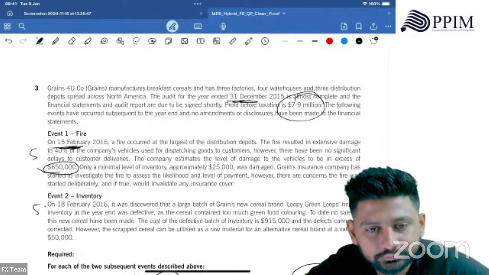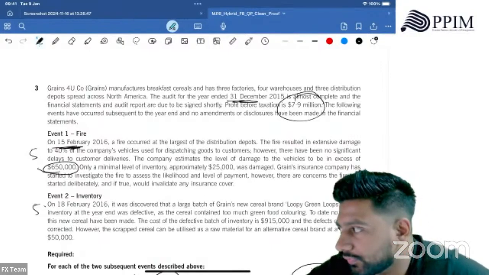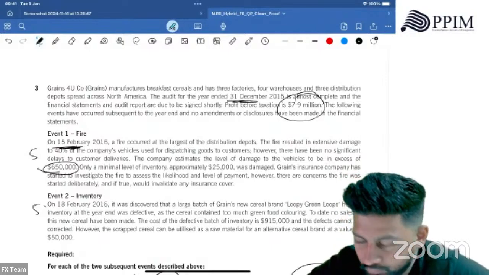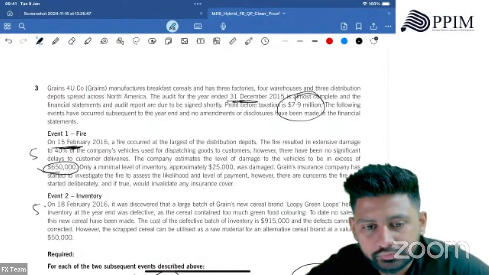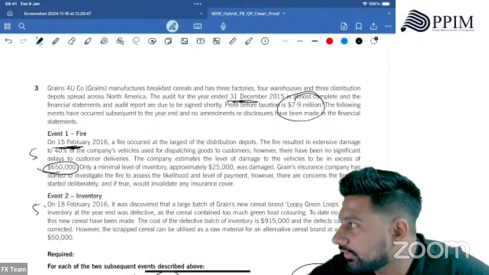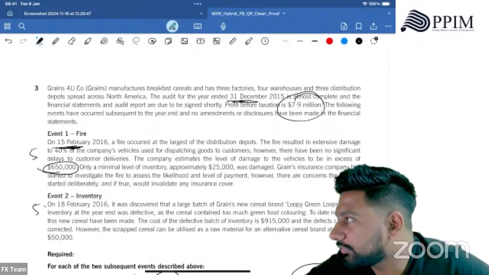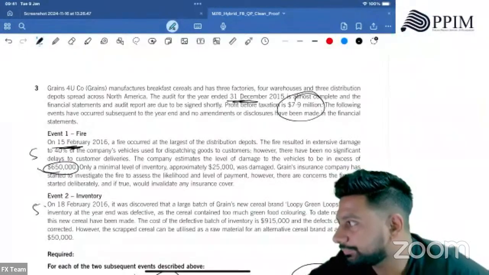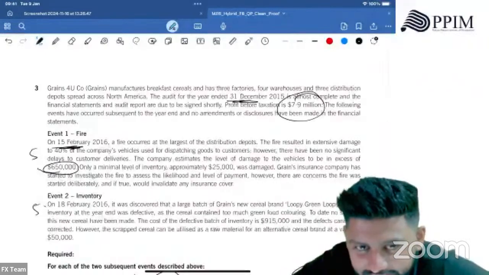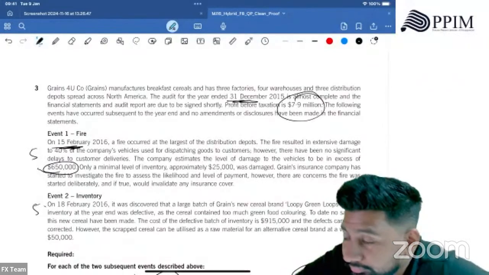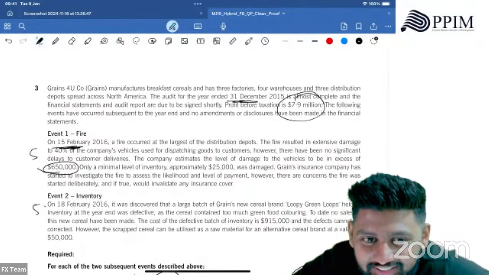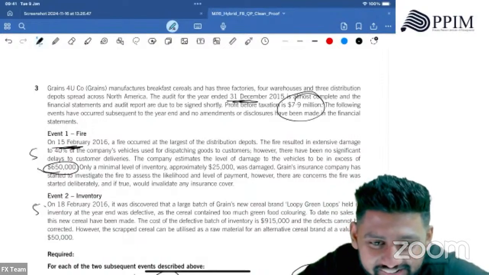Adjusting or non-adjusting? Terza? Ashfaq has responded. Abdullah has responded. Inshifa? Minoli has responded. Nabil? Adjusting or non-adjusting? Abdullah says adjusting, and then he says, no, it's not adjusting.